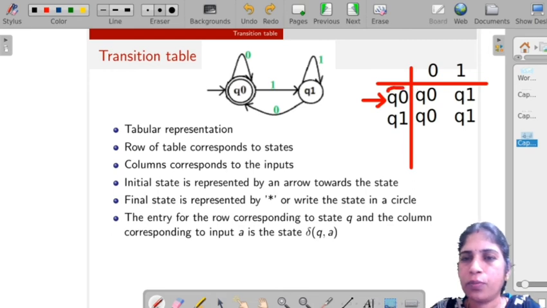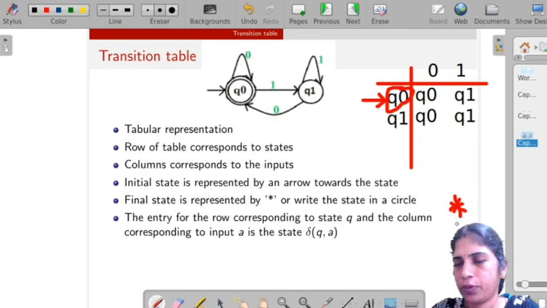Both represent the final state. So this is the transition table for this transition diagram.